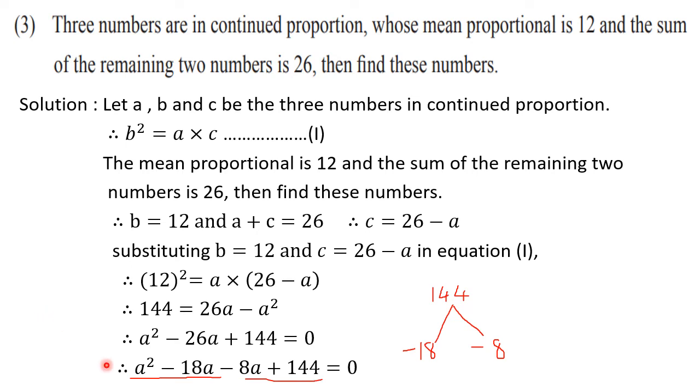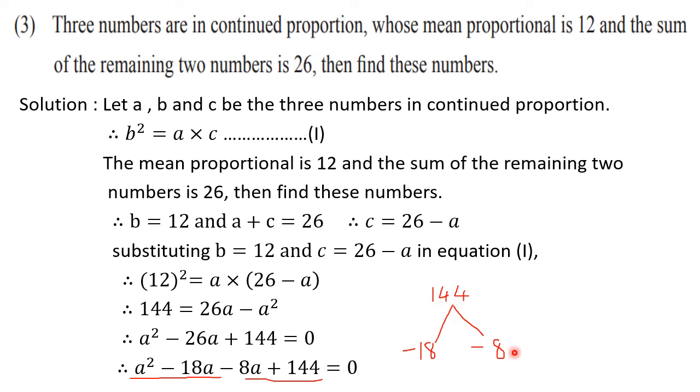So here you will observe that a is common, and here we will take out minus 8 as common because 144's one factor is 8. So we will take minus 8 common here. Okay, so let's move ahead by taking out common here. So please complete this. If not completed, pause the video and then go further.